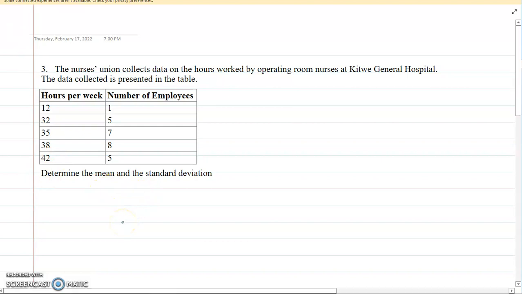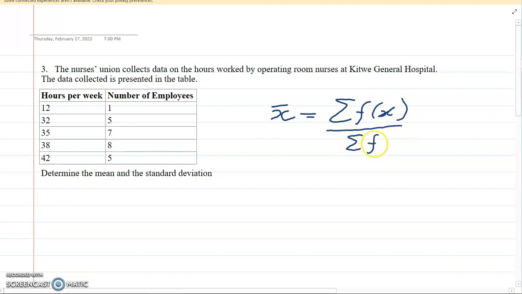So for grouped data, we know that the mean, which is the sample mean, is equal to sigma f x divided by sigma f. Okay, the summation of each frequency times the variable divided by the summation of the frequency.